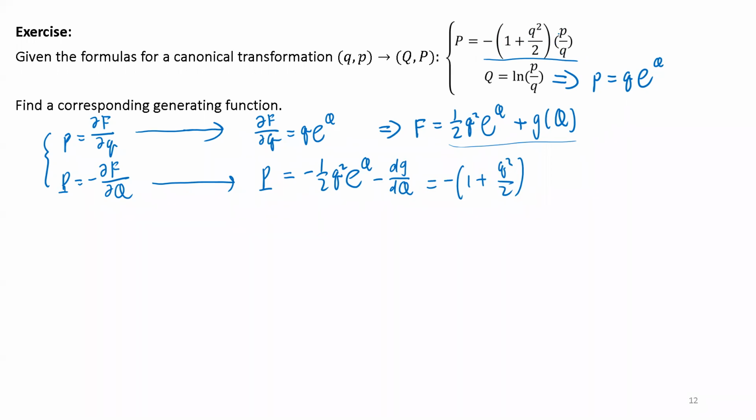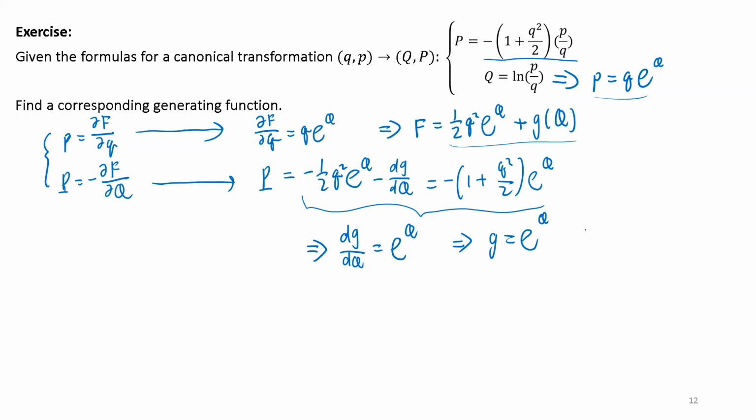But we know that this small p divided by small q is just e to the capital Q. Then by comparing this, you can conclude that dg/dQ is given by e to the capital Q. And so small g is just e to the capital Q, plus maybe a constant, but that won't be useful anyway.